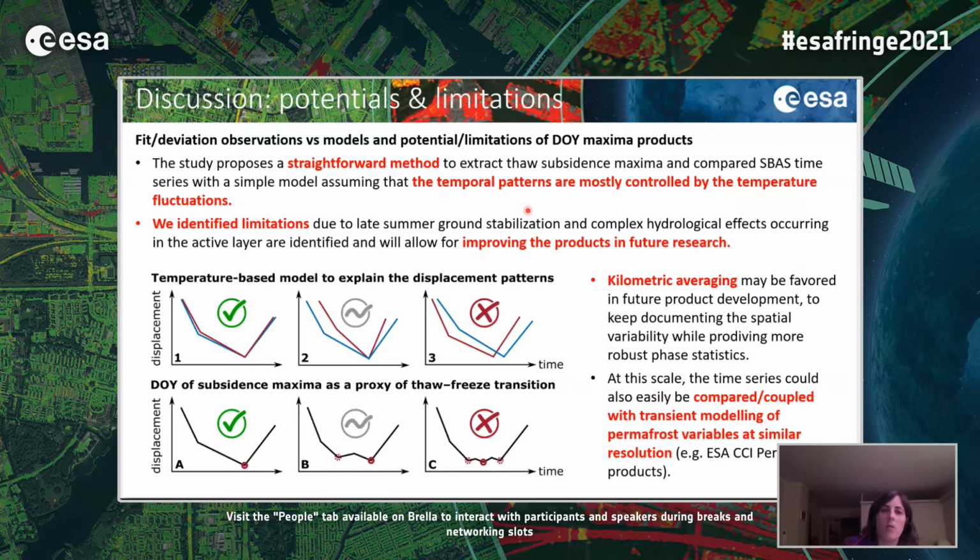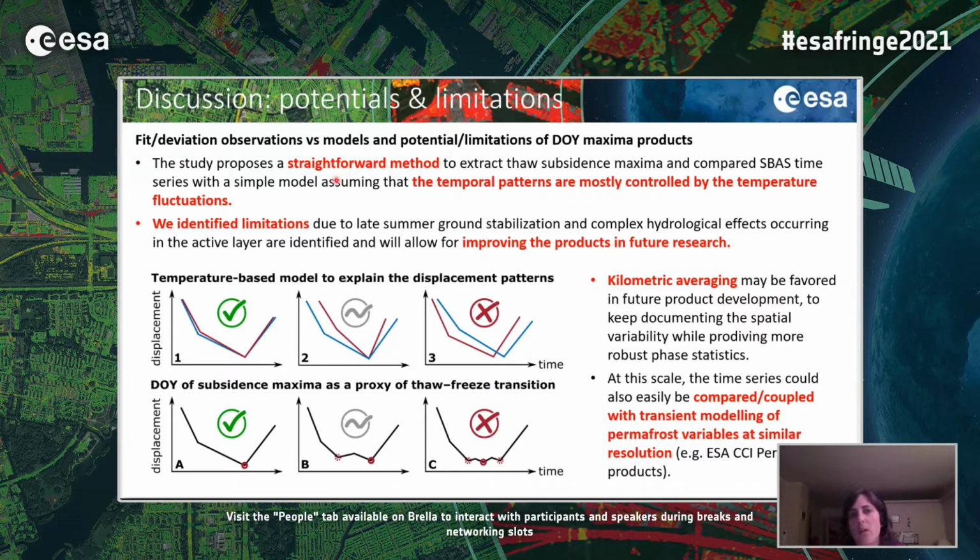So, of course, one goal of the study was to discuss a bit the potential limitation of developing these kind of products at large scale, and also comparing observation with model to learn about what are the controls of these subsidence and heave patterns.